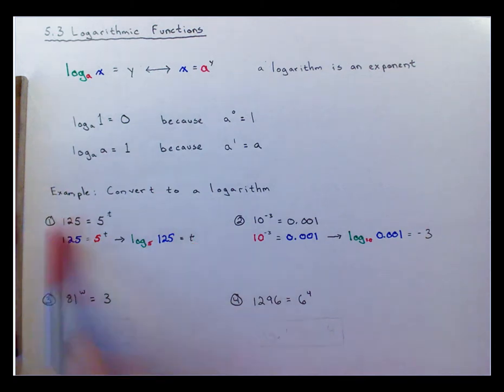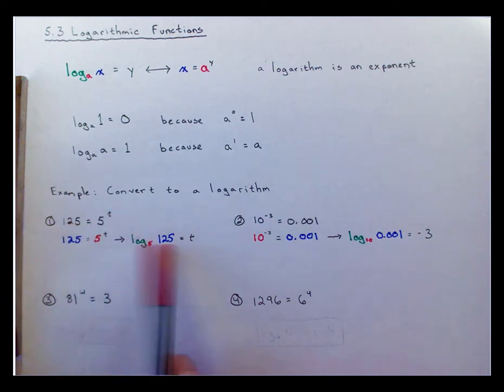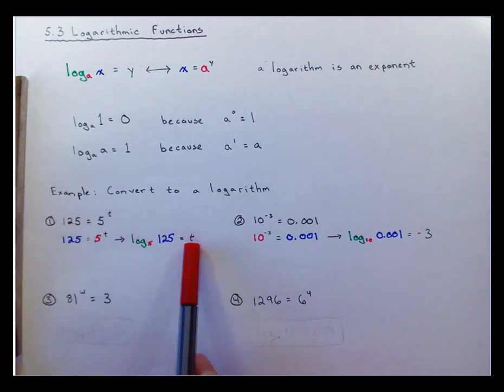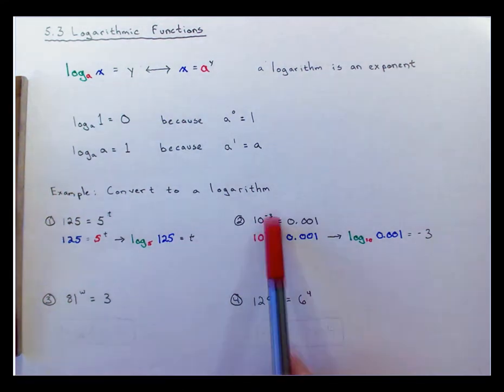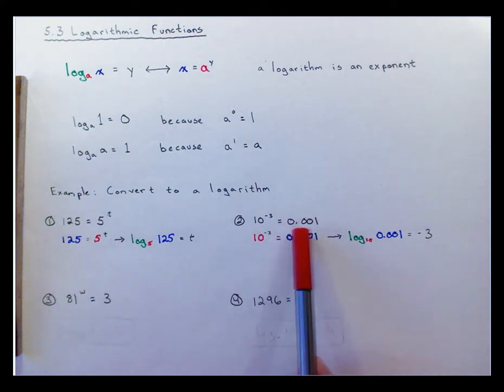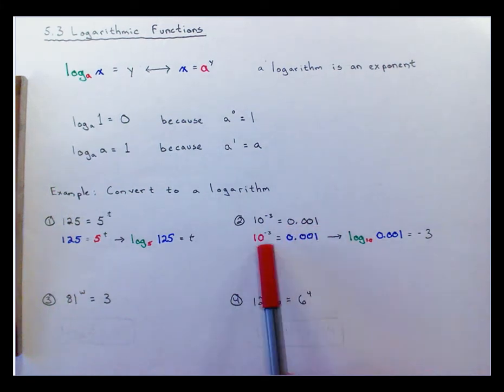And the whole point of this is just rewriting this as an exponential or logarithmic function. So 10 to the negative third equals 0.001. So my base is 10, and my exponential power is negative 3.